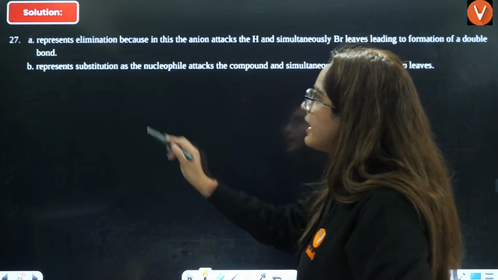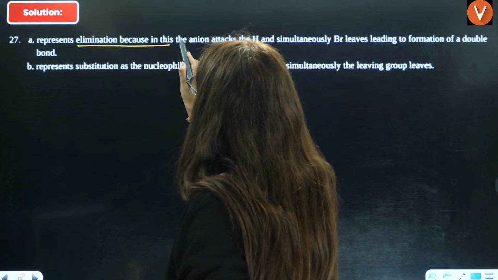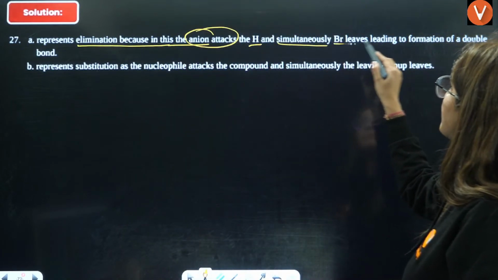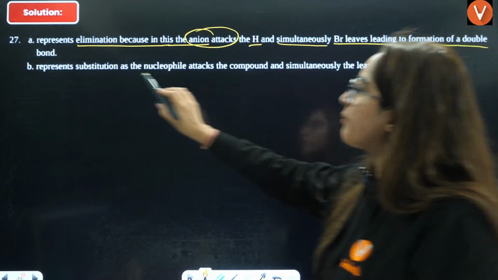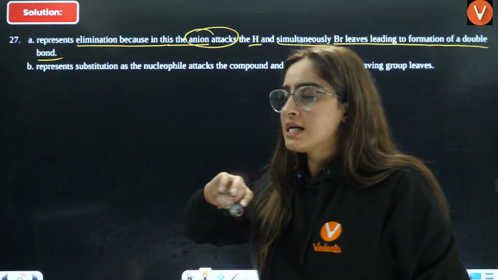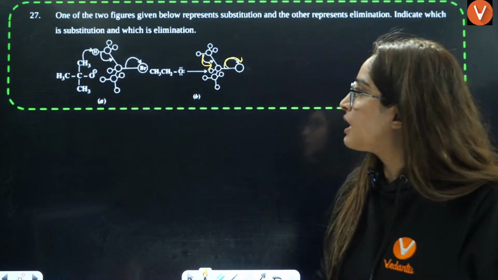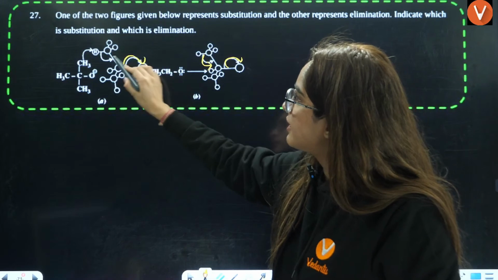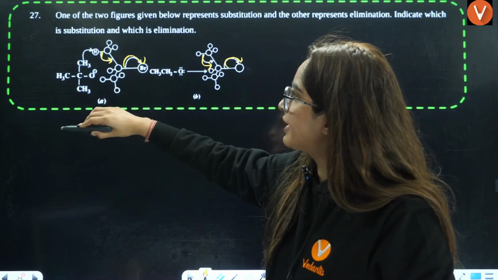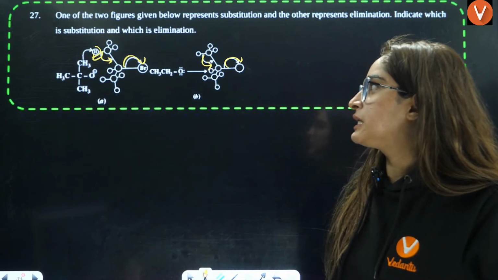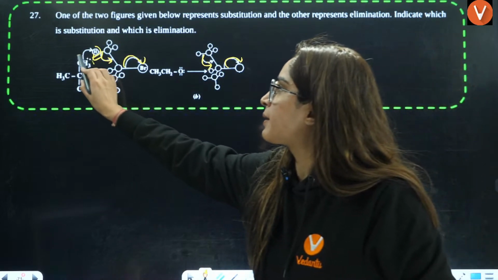So basically this represents elimination because the anion attacks H and simultaneously Br leaves, leading to the formation of a double bond here. How can you say that? This is leaving, this bond is getting shifted here, and this hydrogen is also getting shifted to this particular compound.